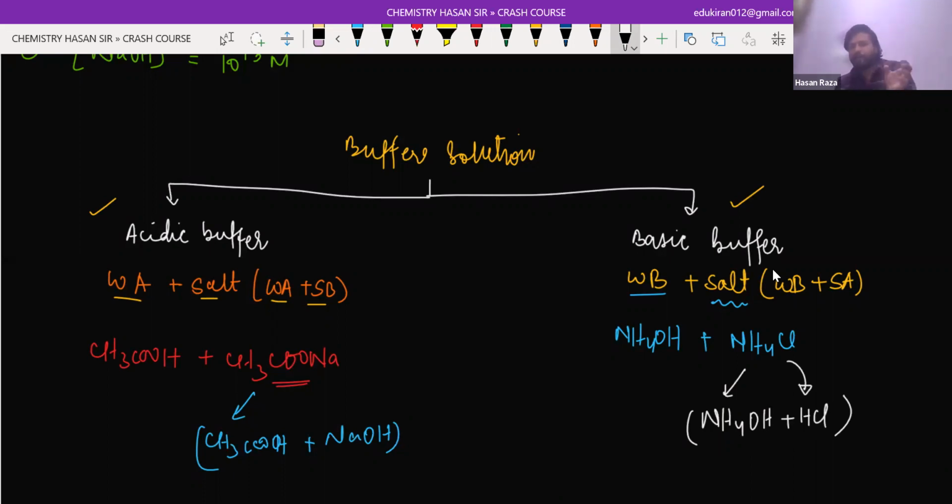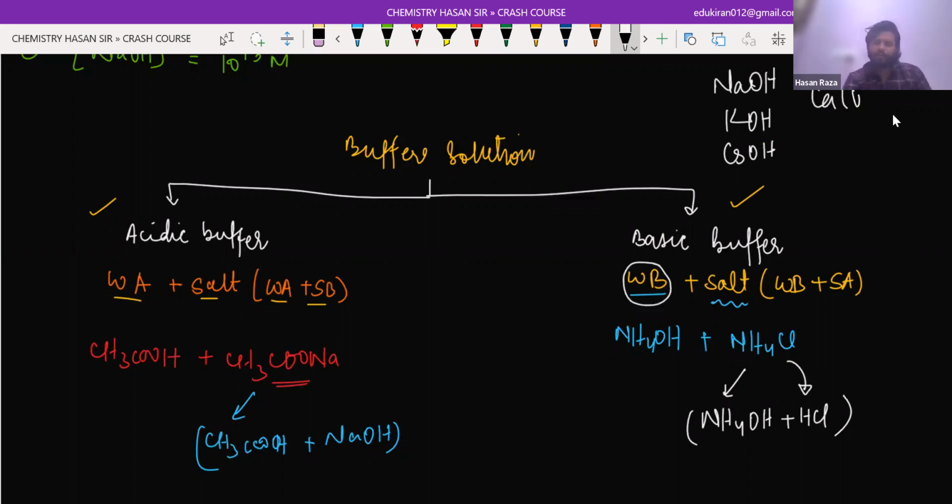Acidic buffer starts from a weak acid, and a salt which contains this acid and a strong base. Basic buffer is the one which contains a weak base. As strong bases, you know, NaOH, then you can take KOH. These are all strong bases. Then comes Ca(OH)2, and all after this will be what we call weak bases. These all are strong bases.